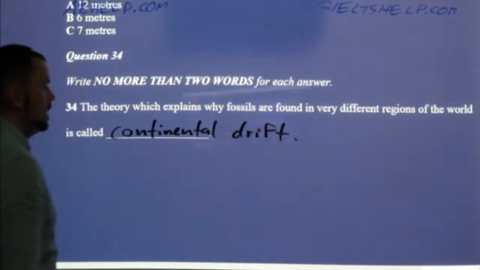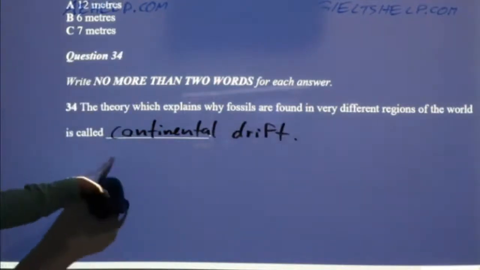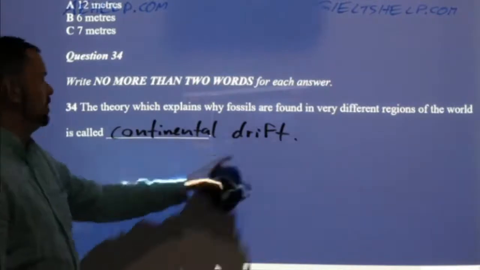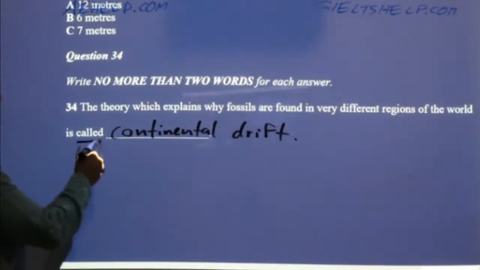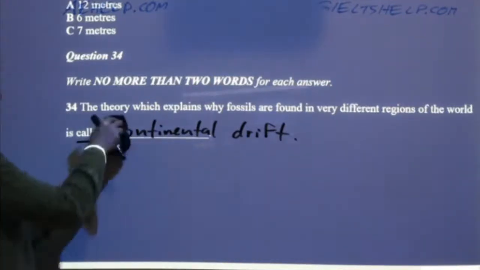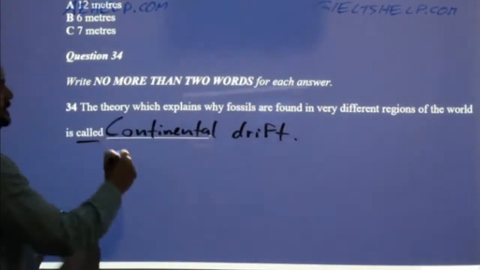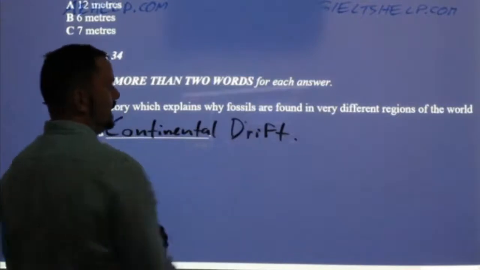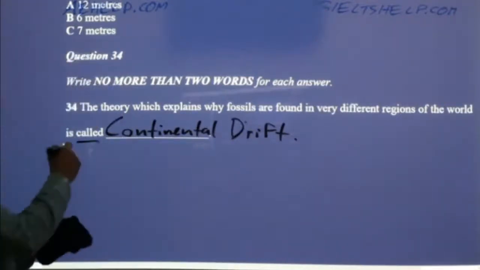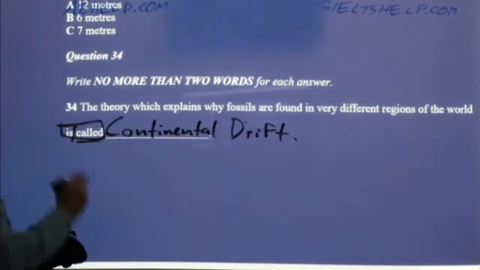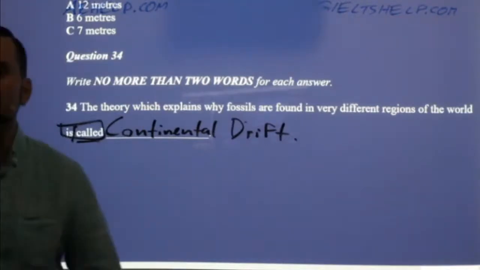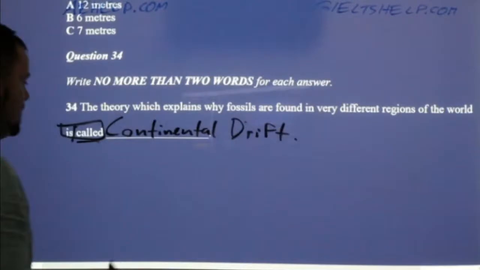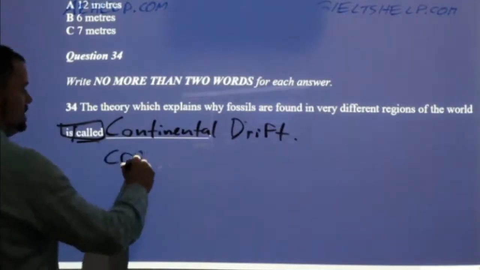It is a common noun, so you can write it as small c, small d. Because they're using the word called here, if you write continental drift with capitals, it can be okay in this case because they're naming it with is called. All right, so it's kind of an interesting one where both upper and lowercase work, but to be safe, you could just write it all uppercase.